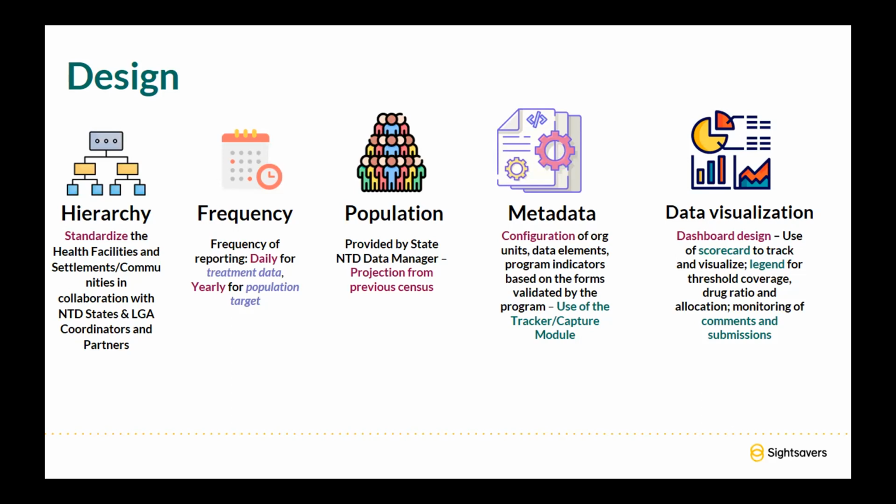So basically, we proposed a mechanism to have a two-level verification at the state level and also at the LGA level before we upload the list of the communities into the system. In terms of frequency, the information regarding the population target at LGA level is entered annually.